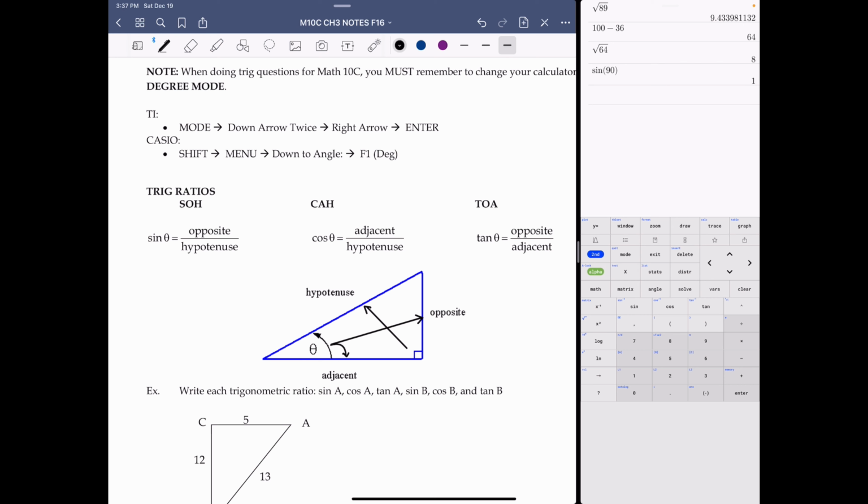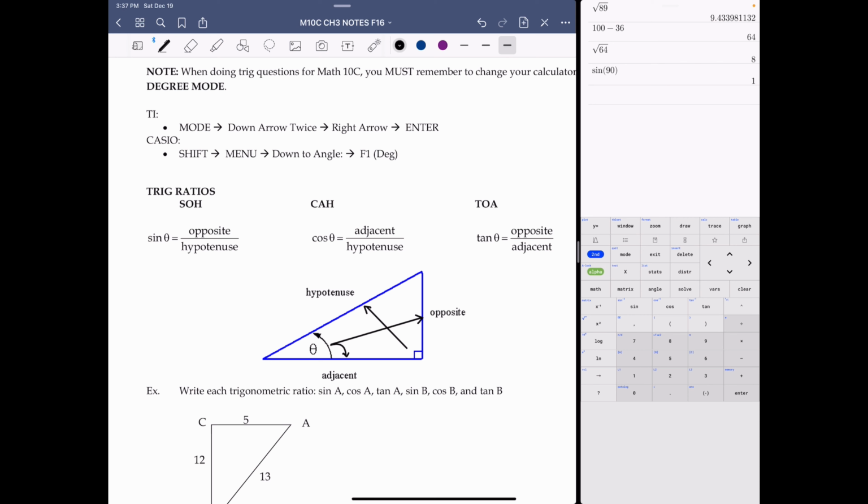Then cos theta, the full name is cosine theta, equals the adjacent side divided by the hypotenuse side. And tan theta, the full name is tangent theta, equals the opposite side divided by the adjacent side.